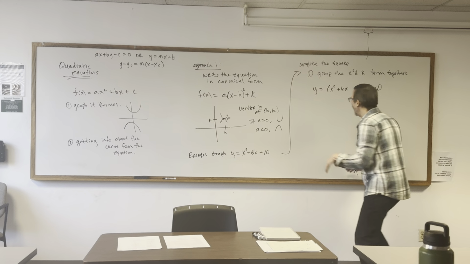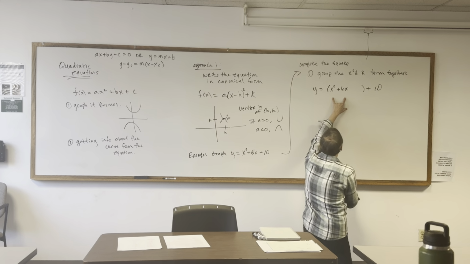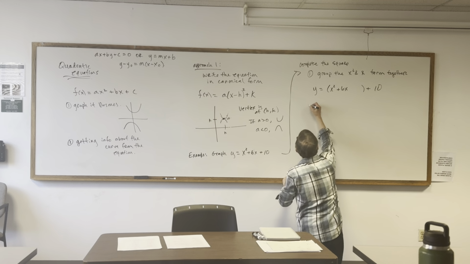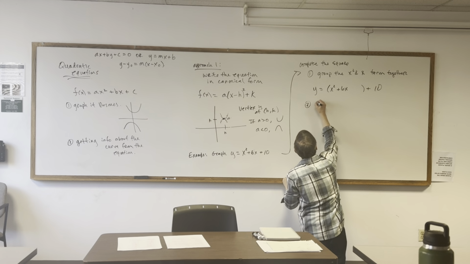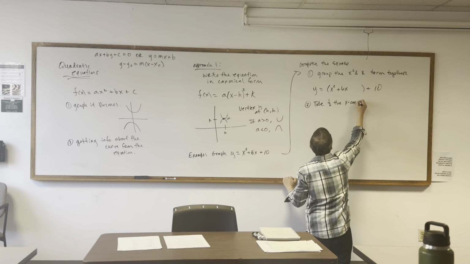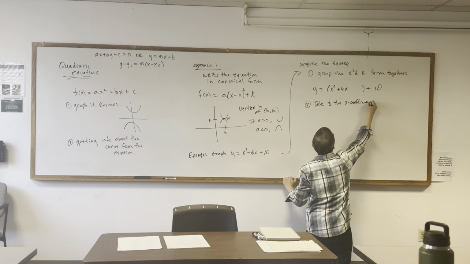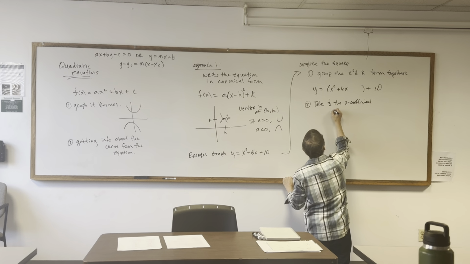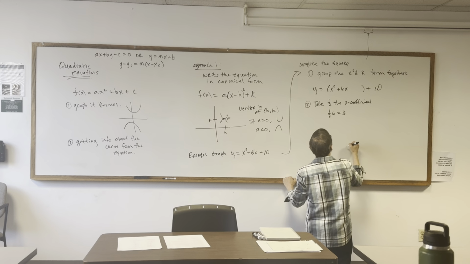Yeah. All right, so step 1 is this. Step 2 is take 1/2 the x coefficient. So that's the number in front of the x. So here we have 1/2 of 6, that's going to be 3.